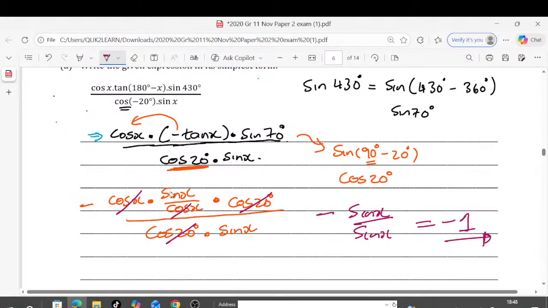Remember, this is a fraction multiplied: the fraction is sine over cos multiplied by cos. So the cos will cancel. On top I'm left with sine x only, and on the bottom I'm left with sine x only. When you do it like this, it is fully simplified. The answer is minus 1.